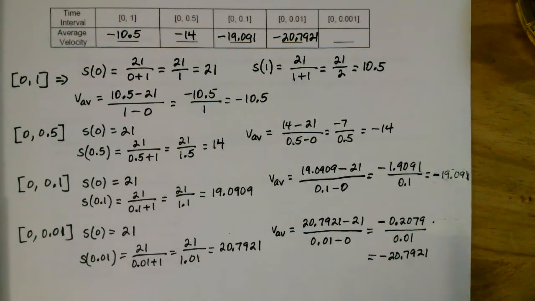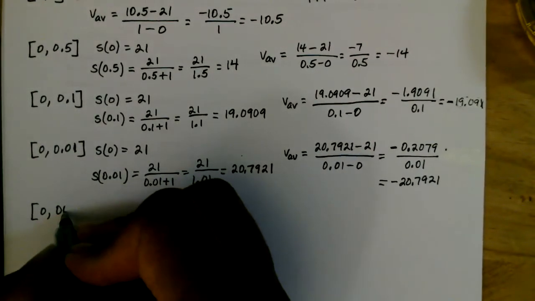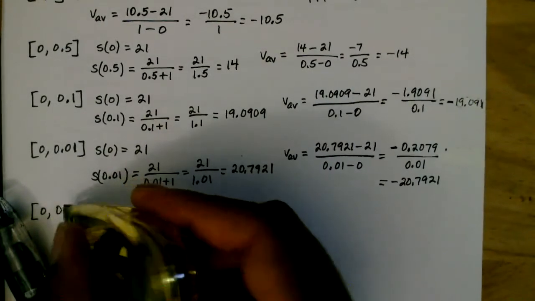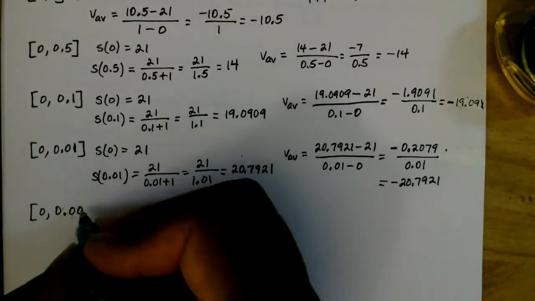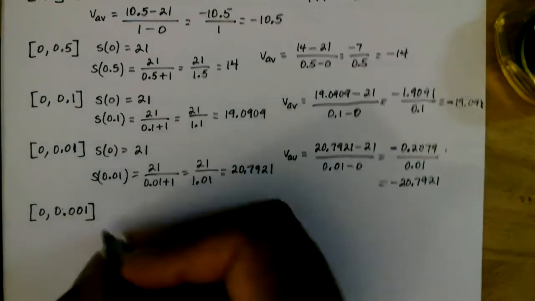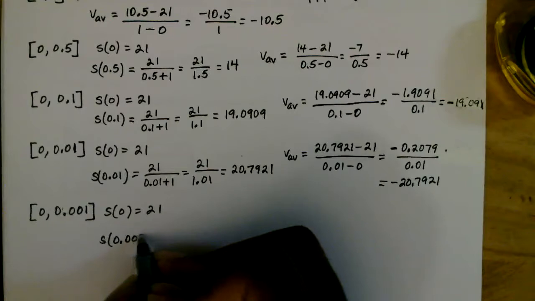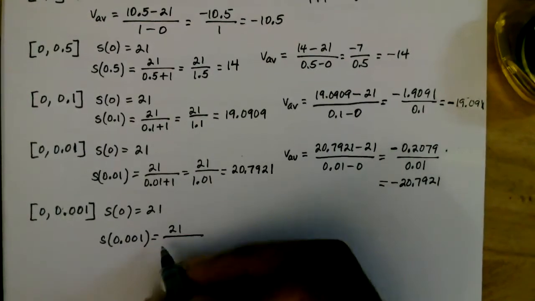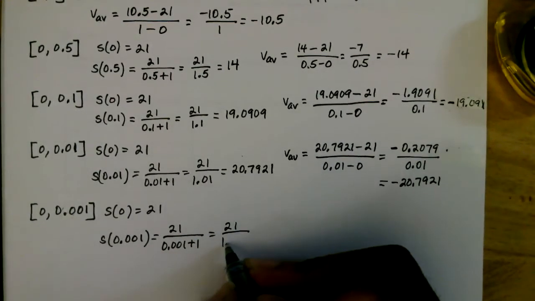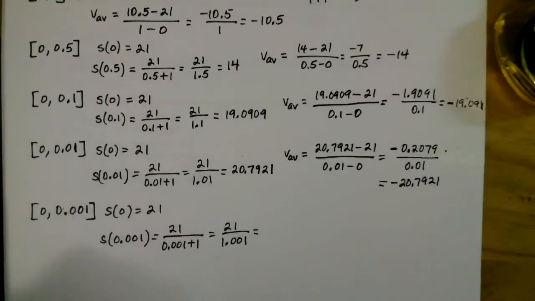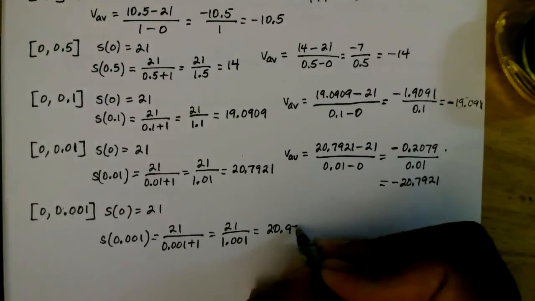And then finally from 0 to 0.001, again, S of 0 is 21, but S of 0.001 will be 21 divided by 0.001 plus 1, or 21 over 1.001, which would be 20.9790.